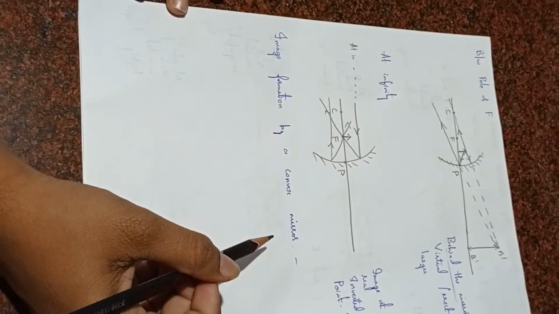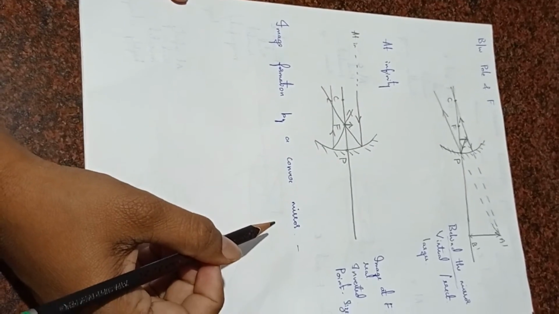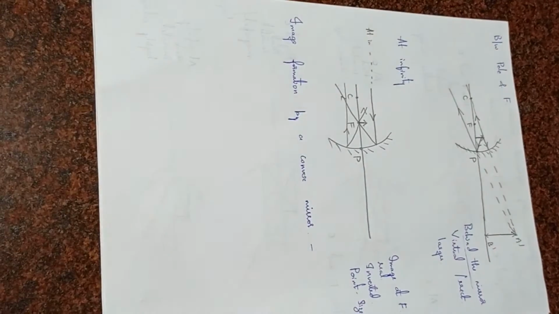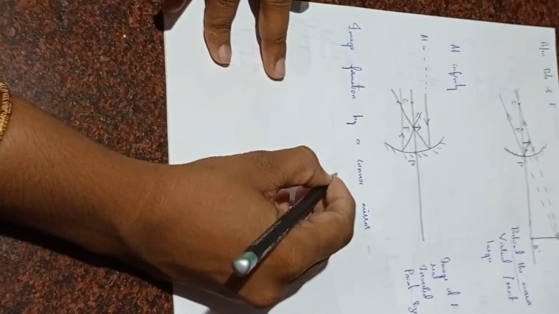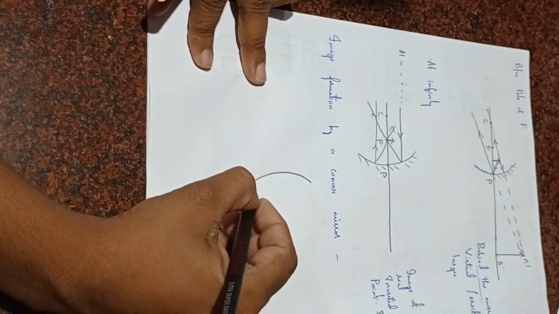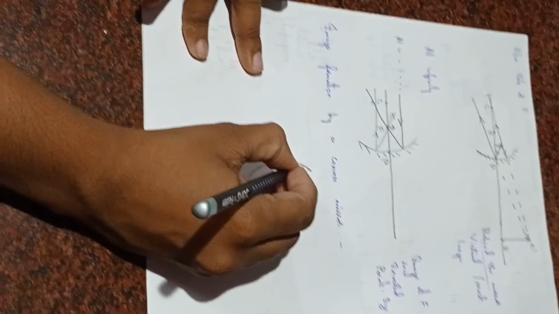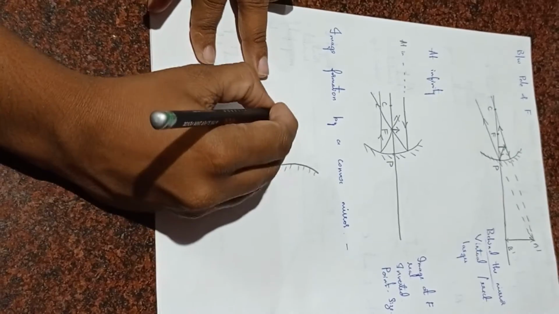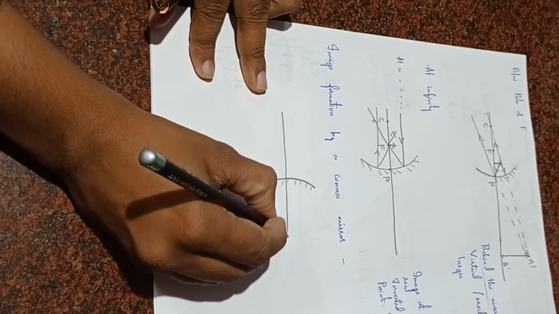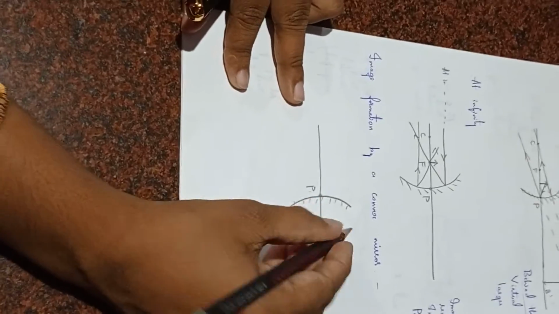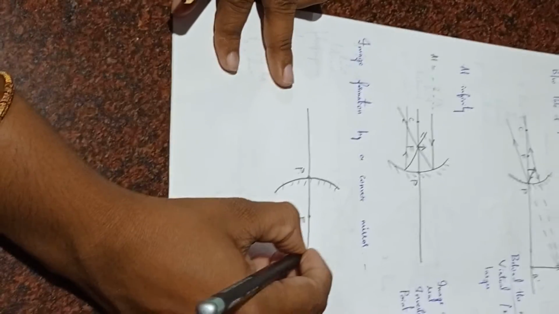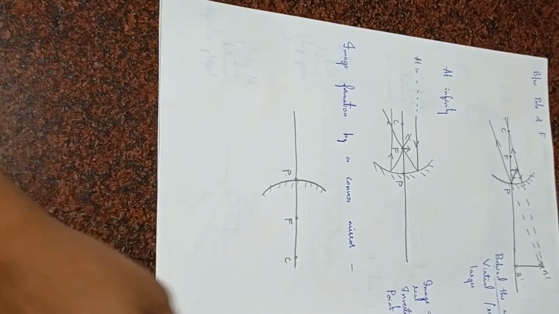Now let us see the image formation by a convex mirror. Now this is your convex mirror, right? Here the pole is here, focus is here, and center of curvature is over here.